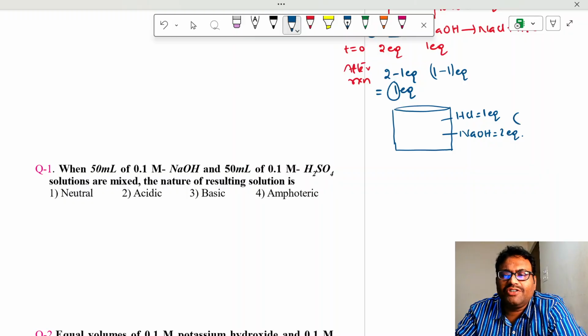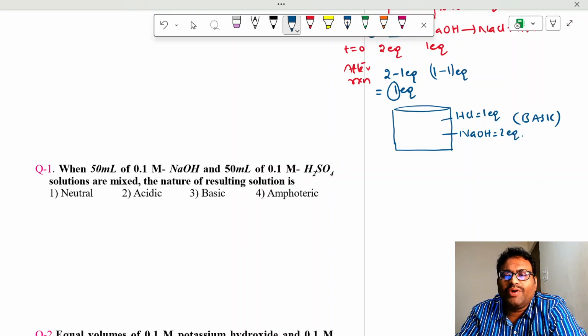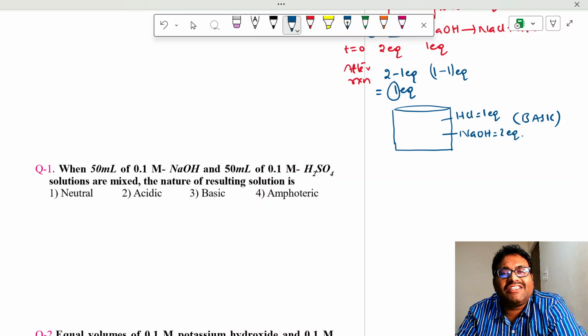Basic. Why is it basic? Because one equivalent of HCl completely reacts with one equivalent of NaOH. Who is remaining in the solution? One equivalent of NaOH, the base, is remaining. As base is remaining, the nature of the resulting solution will be basic.